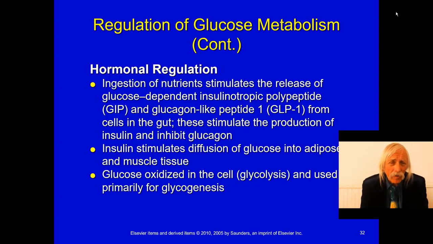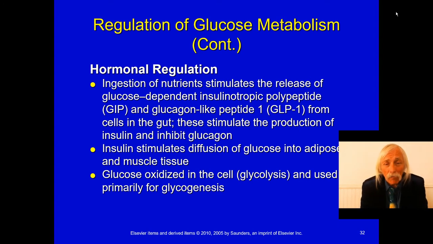What about the hormonal regulation? Ingestion of nutrients stimulates the release of glucose-dependent insulinotropic polypeptide, that's GIP, and the somewhat more difficult to remember glucagon-like peptide 1, or GLP-1. So you have GIP and GLP.